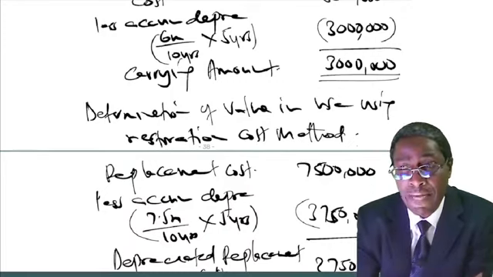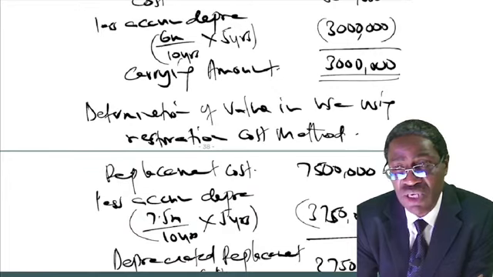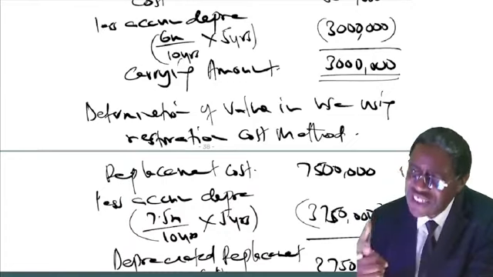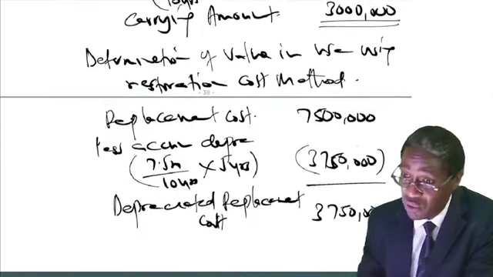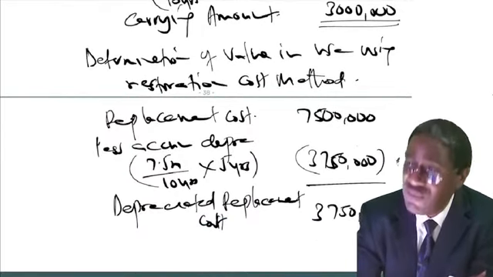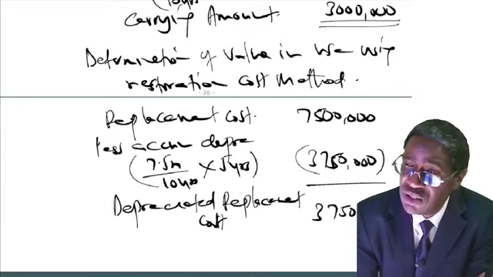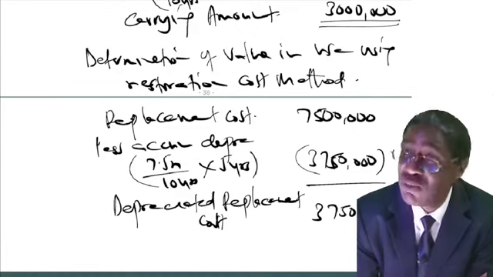The answer is yes or no. Having computed the depreciated replacement cost as 3,750,000, and having concluded that the asset did not have a net realizable value, we pick the depreciated replacement cost as the value in use, which becomes the recoverable service amount.